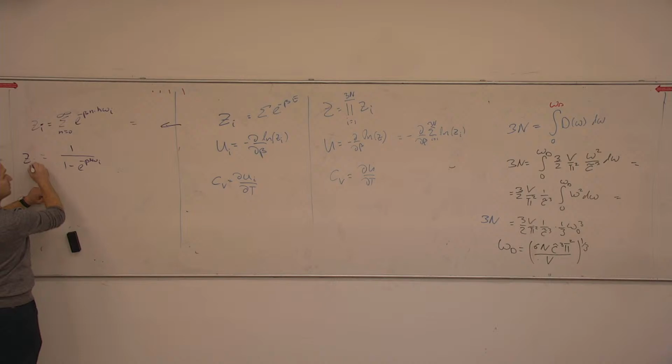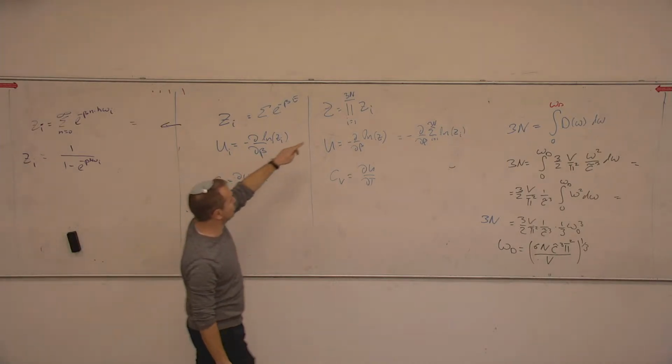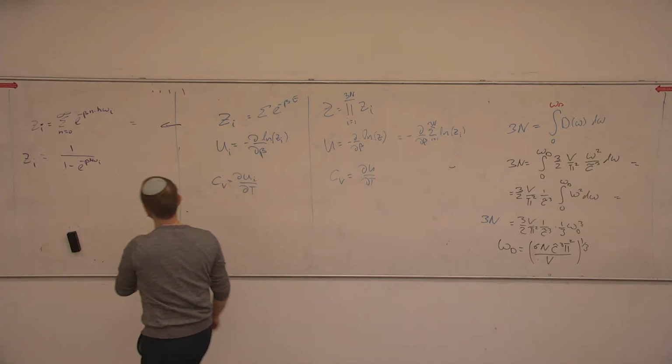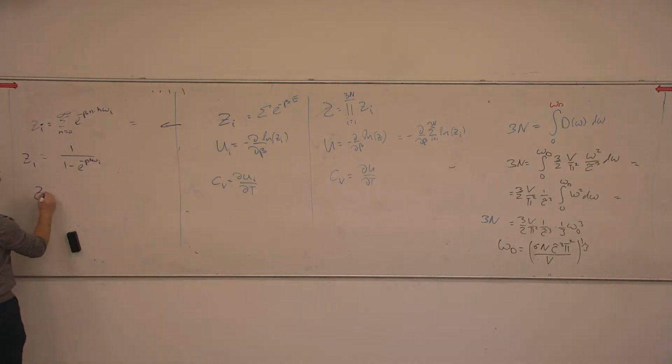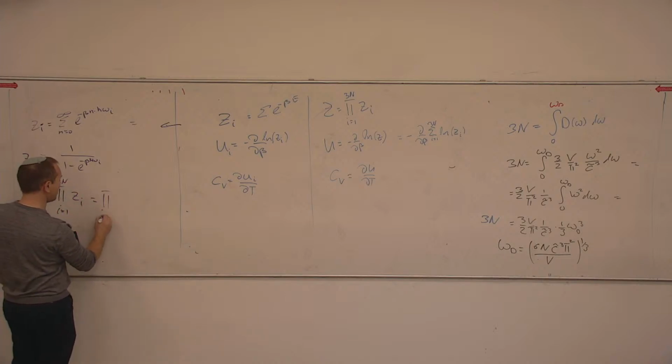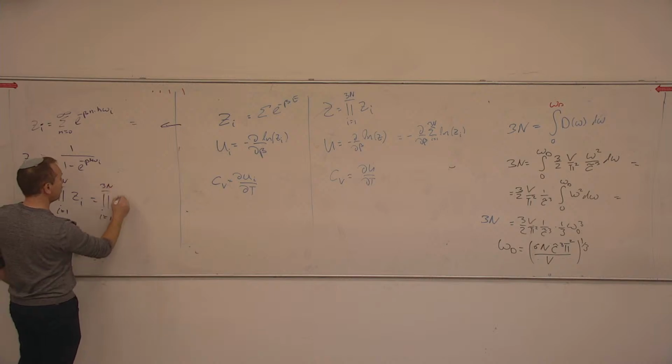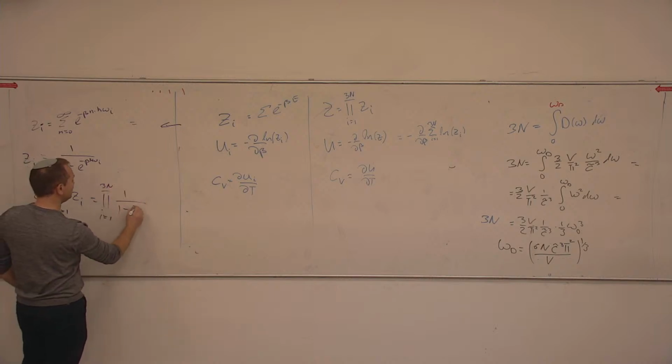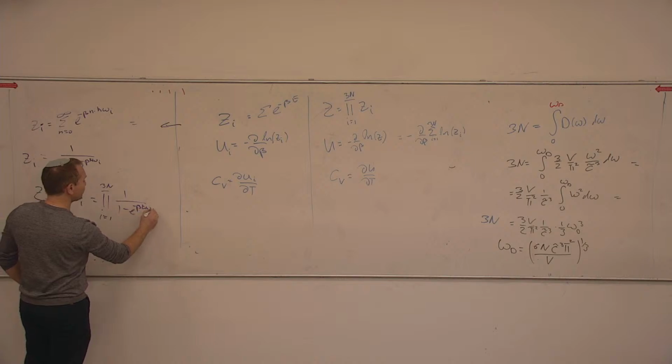Great. The next step is just to take this multiplication. So Z equals a multiplication, i goes from 1 to 3n, over Zi, which equals a multiplication, i goes from 1 to 3n, of 1 over 1 minus e to the power minus beta h bar omega i.